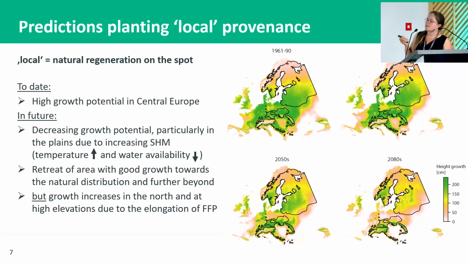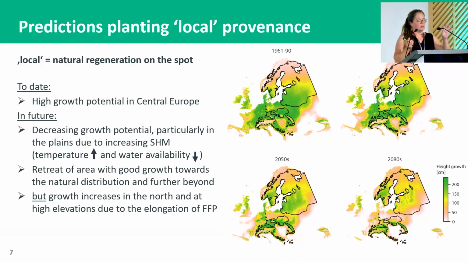So green means the growth potential is high, and this reddish color is a low growth potential. And if there is no growth at all, it's zero. So the green area, if we concentrate on that, decreases over time, and towards the end of the century, it will likewise go far beyond the natural distribution.